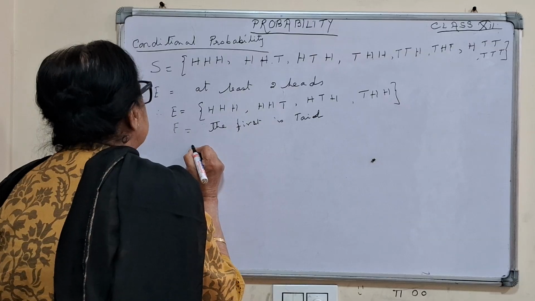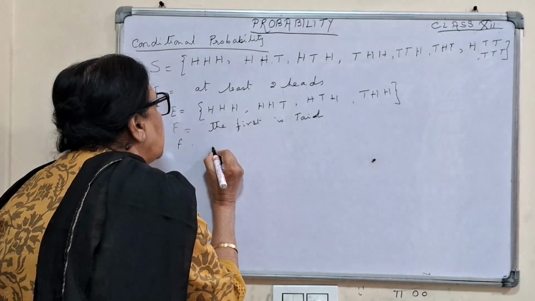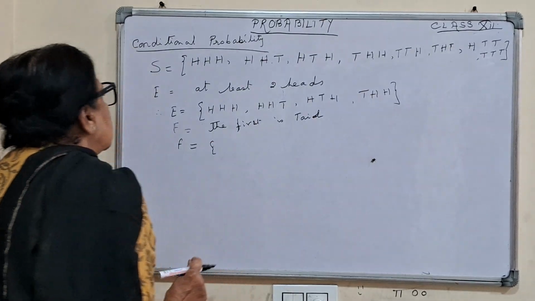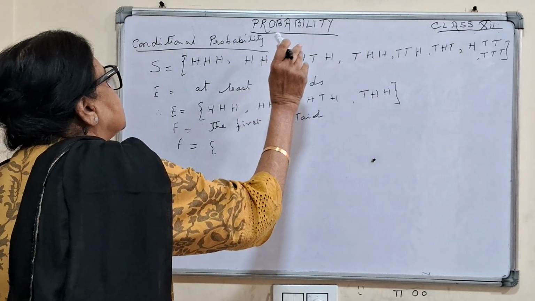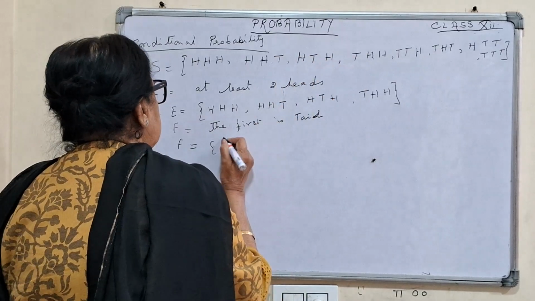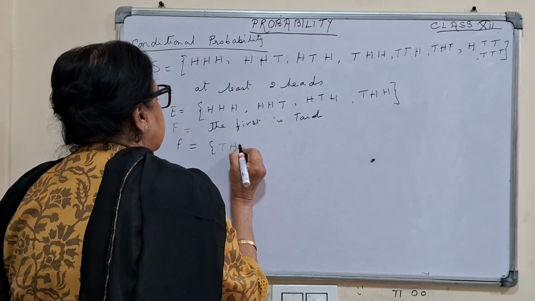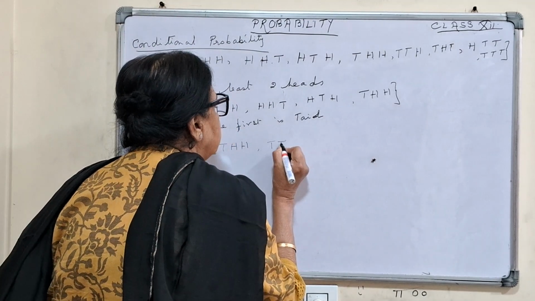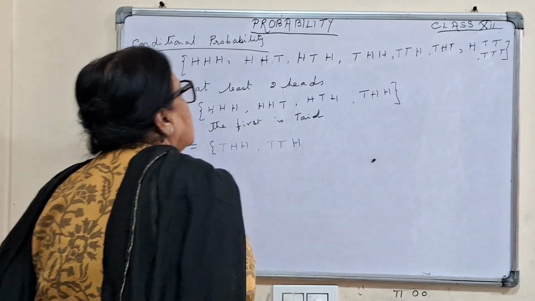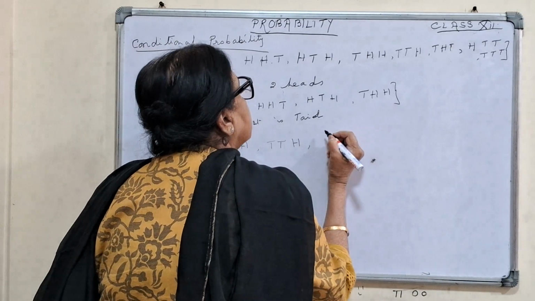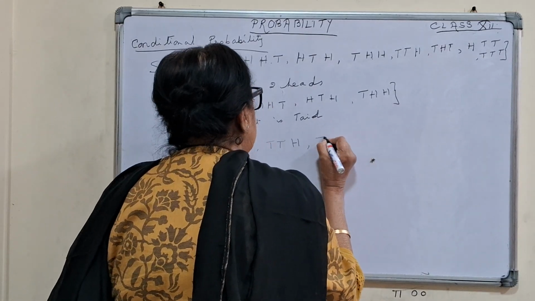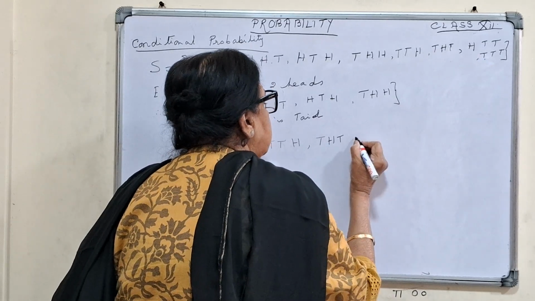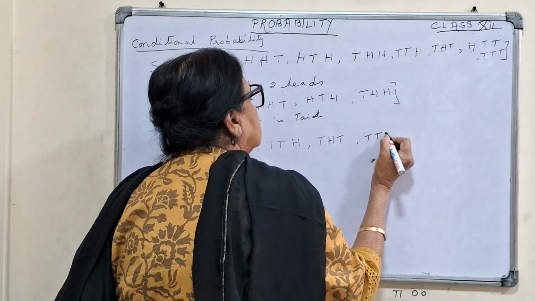Therefore, F is equal to: first is tail means the ones here. Tail, head, head. Then tail, tail, head. Then tail, head, tail. And tail, tail, tail.